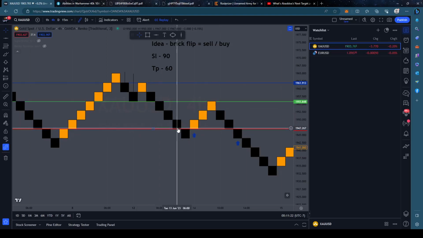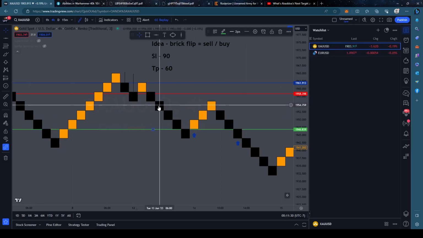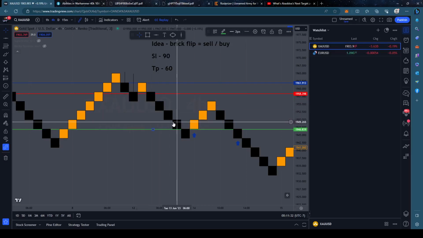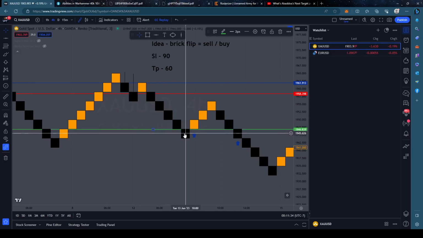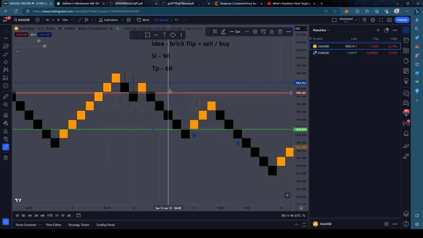So this one closed all the way, multiple bricks all at one time at 6 o'clock, because you can see all that was the same day and the same time, and you can tell that this brick closed at 10, this one closed at 6, so that tells me that this was the brick flip that it did.